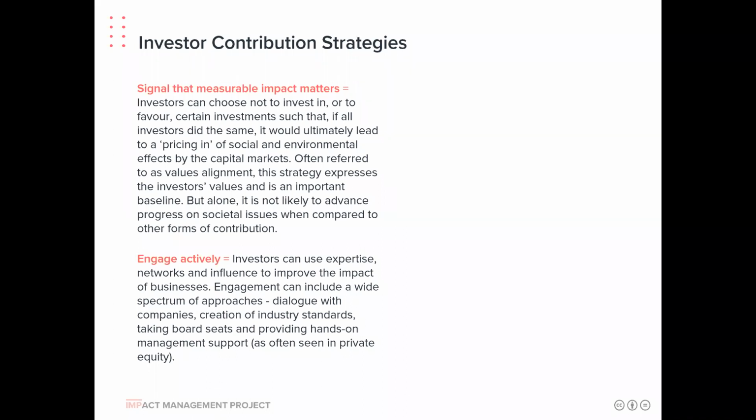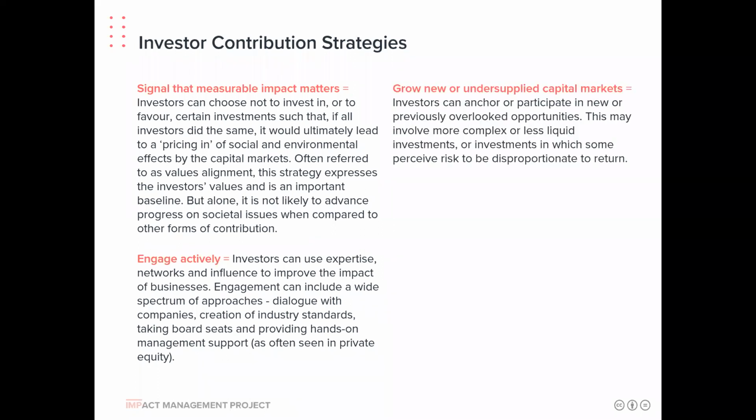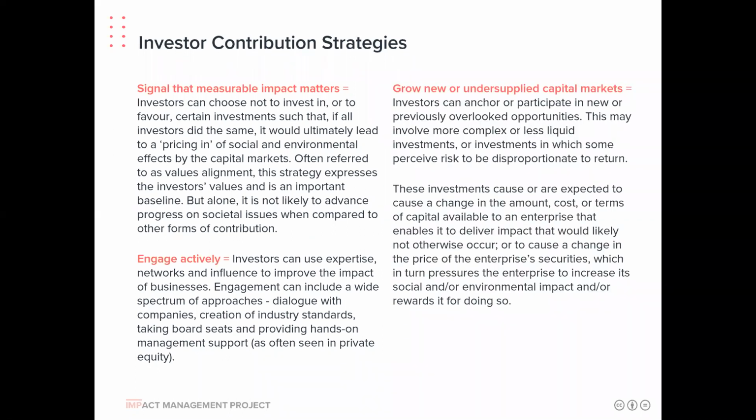It could be proxy voting your shares if you're a publicly listed investor, or engaging in dialogue with companies. It could be participating in industry-wide efforts such as this one. So those all fall under the domain of engaging actively. Next one, please. Thank you, James.